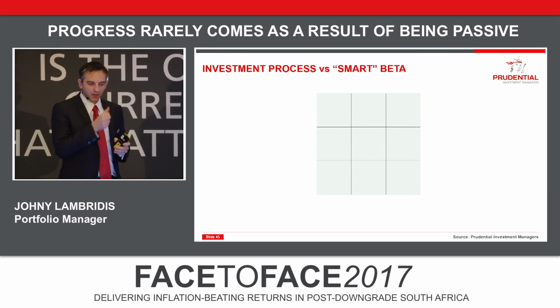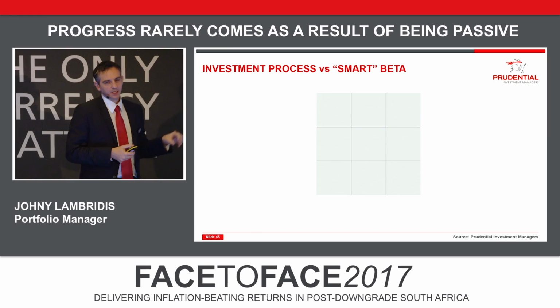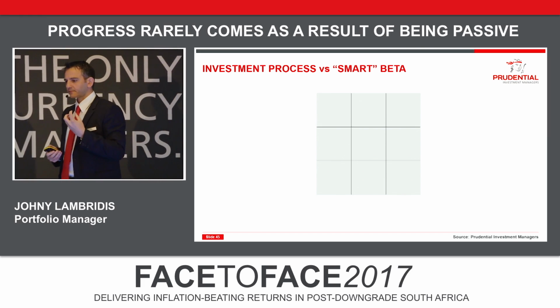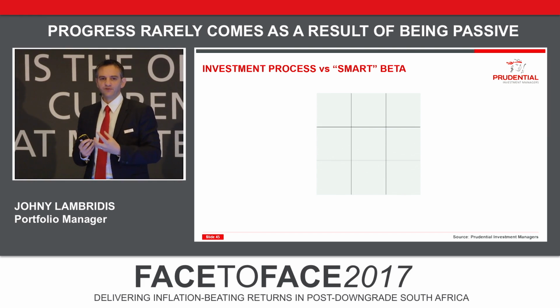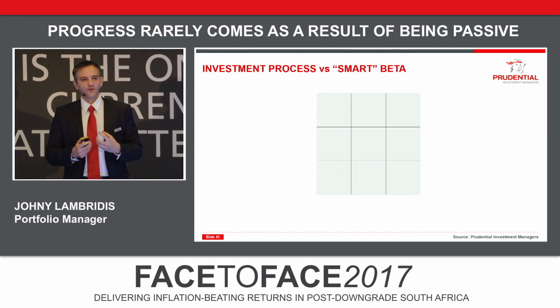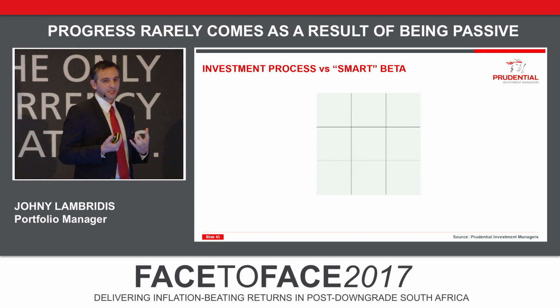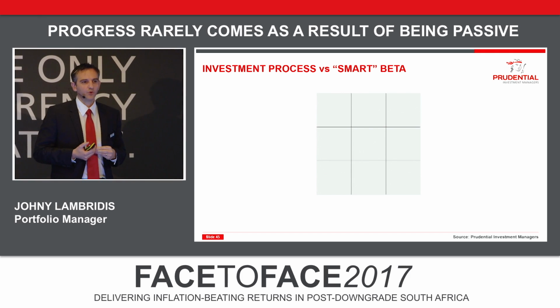I want to spend a bit of time looking at our investment philosophy and process at Prudential versus smart beta. Smart beta is effectively a way of constructing a passive portfolio, but not just based on size, but some other metric. Often this is based on dividend yield. In South Africa, the Divi Plus is quite a popular passive portfolio.